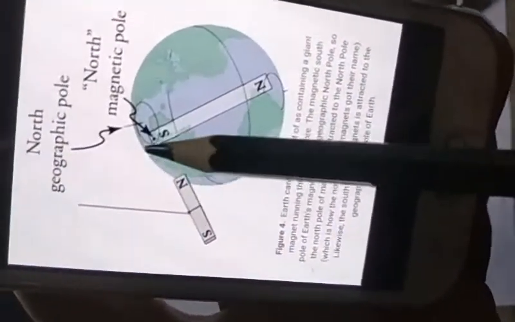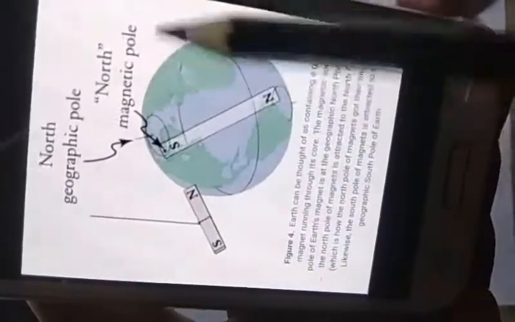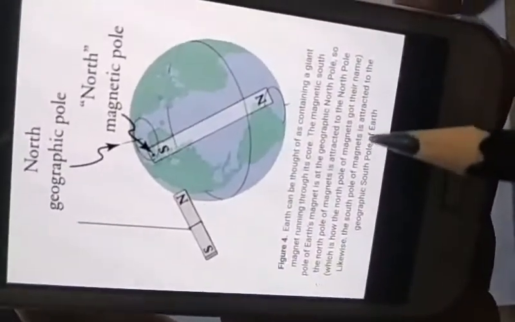Understand, student? That's why this pole is called north magnetic pole. The north magnetic and south magnetic poles used to reverse over millions of years. That's why geomagnetic reversal also happens, and it is not always fixed. Okay, it can happen. So follow this lecture and prepare like this, students.